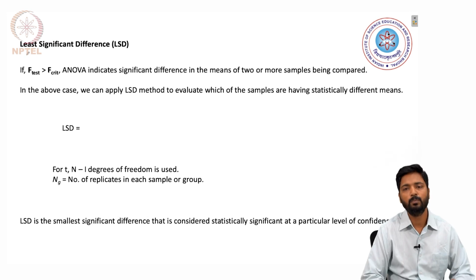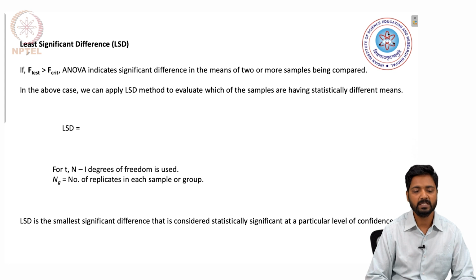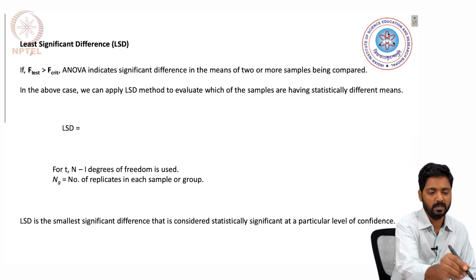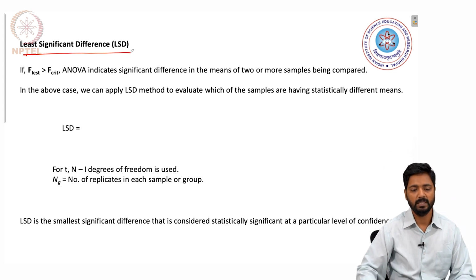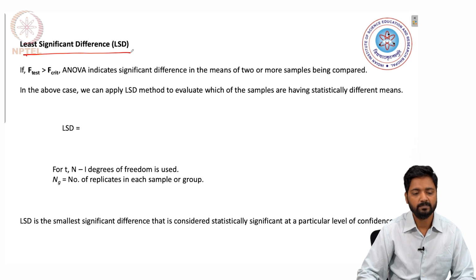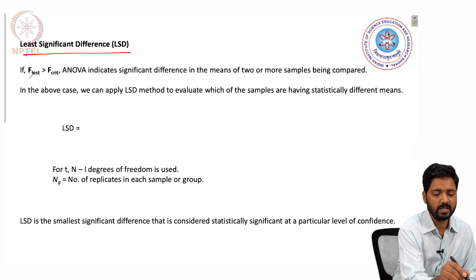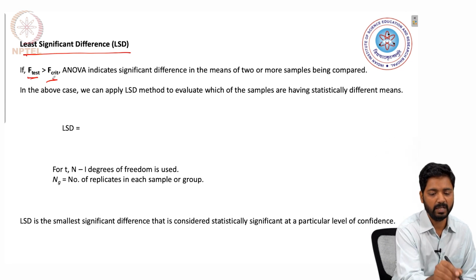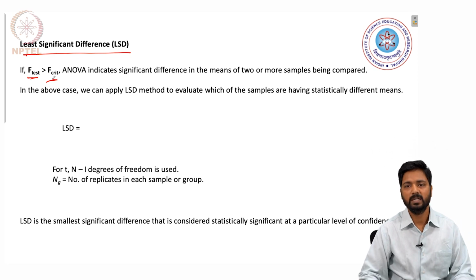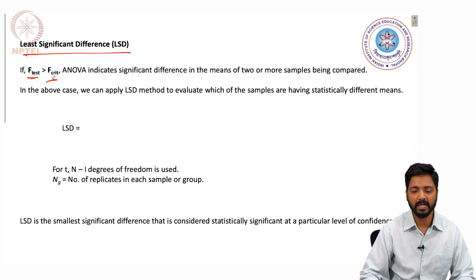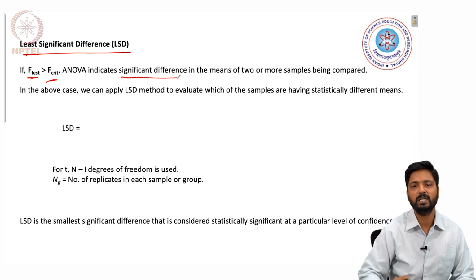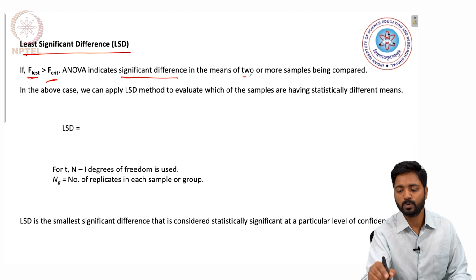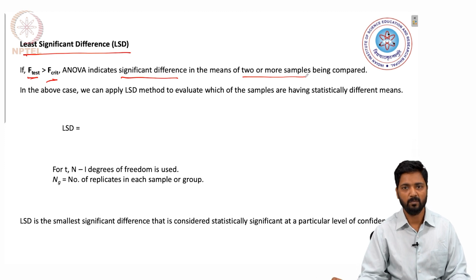Now let us go to the concept of least significant difference, which is listed here in the next slide. Here what we understand is that if the F test value is greater than the critical F value, then our analysis of variance indicates that there is a significant difference in the means of 2 or more samples that are being compared.